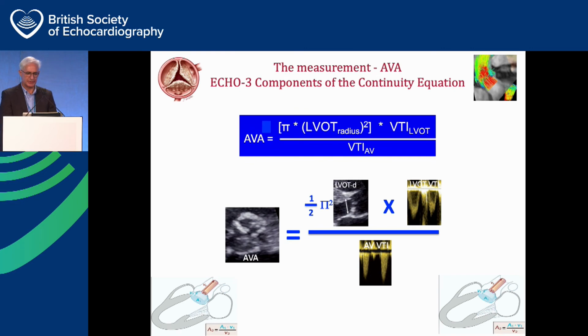And that's what I put now into our equations that we know very well, the continuity equation and how we get to the aortic valve area here. The 3 main components are the left ventricular outflow tract area, which is pi over 4 times the square of the LVOT diameter, which we multiply by the LVOT VTI and divide by the aortic valve VTI.